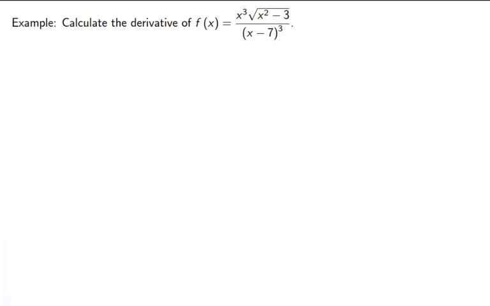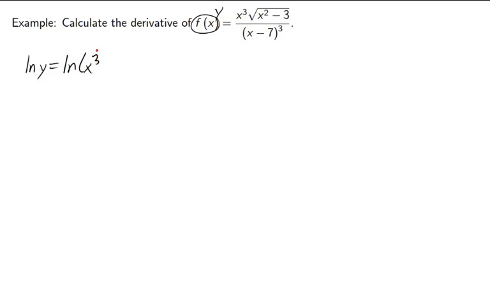Next example. Logarithmic differentiation is also useful when you've got too many products and quotients floating around and powers. Let me call this thing y, which will help me. Then the natural log of y would equal the natural log of all this. So let's just write it out.